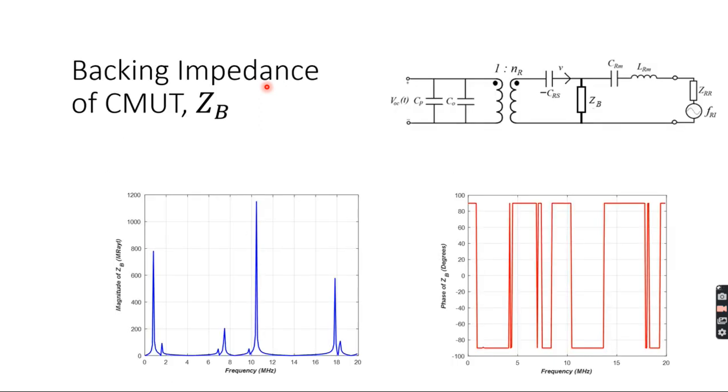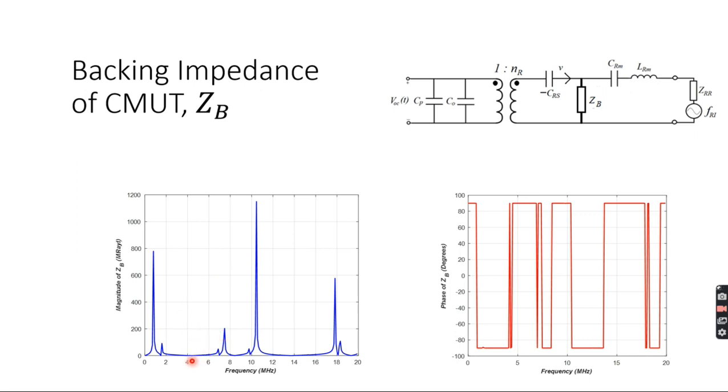If you compute the magnitude response of this low frequency stack, you see there are many peaks occurring at distinct frequency points, and at those peaks the magnitude is infinitely large, at which the CMUT does not reconfigure its frequency response at all because ZB is an open circuit.